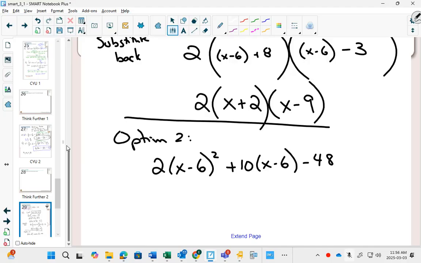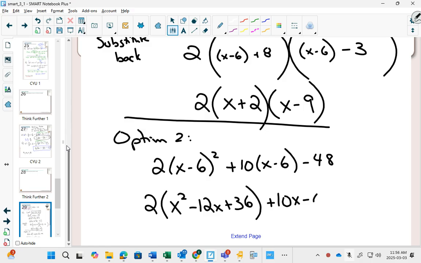Yes. So option 2 is you have to multiply everything out. Remember that squaring is foiling. So if you did all that FOIL, you would get x squared minus 12x plus 36. Here I'm going to distribute plus 10x minus 60 minus 48.